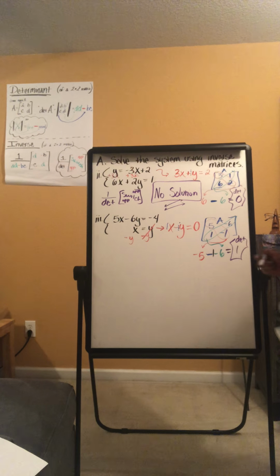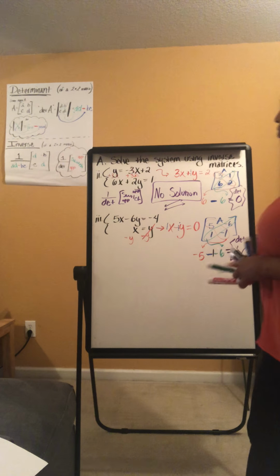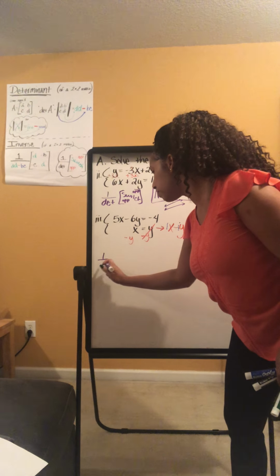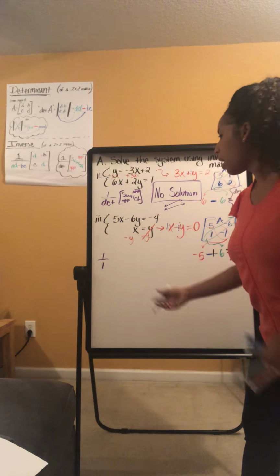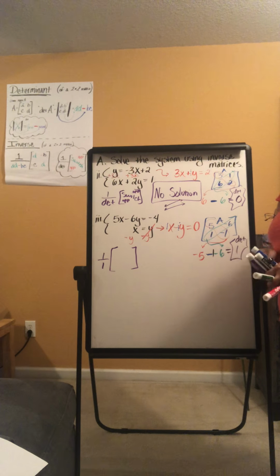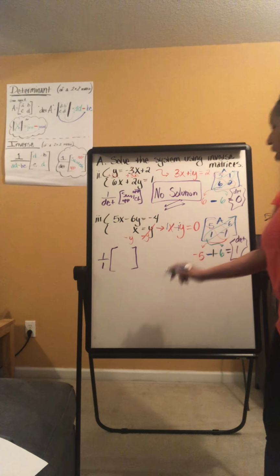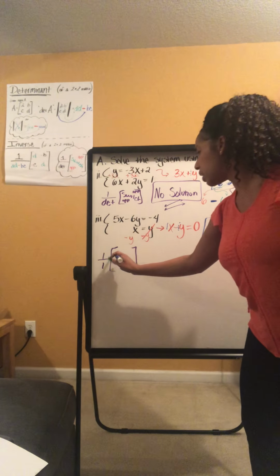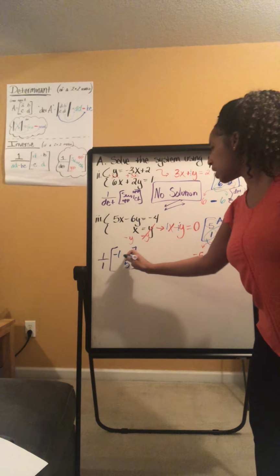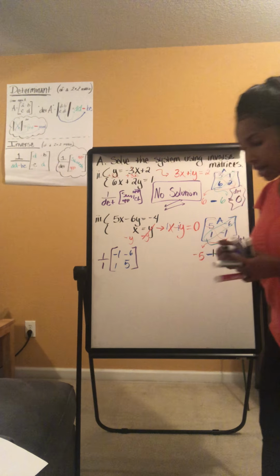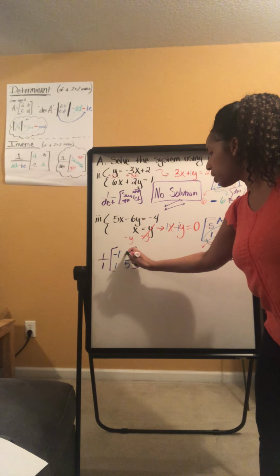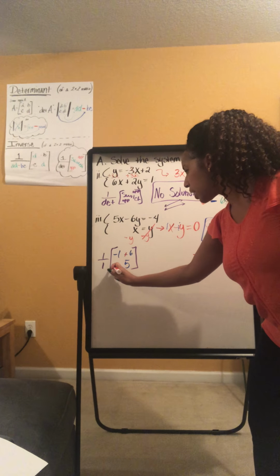It's going to make things easy, because again, the formula to find the inverse is 1 over the determinant, which is 1. Then I want to switch the main diagonal, so I switch the 5 and negative 1. That will be a negative 1 here and a 5 here. The other two numbers stay put, but they get the opposite signs, so this is actually going to be a positive 6, and this is actually going to be a negative 1.